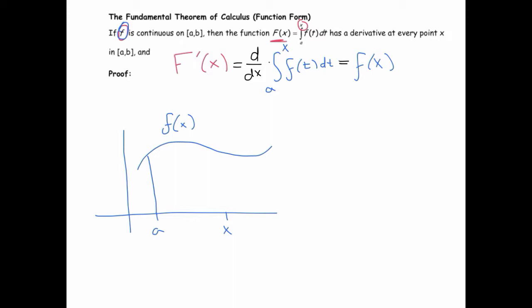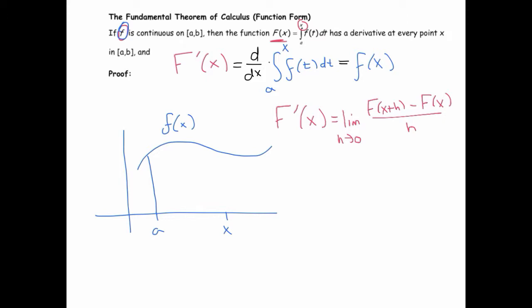So we're going to do this by reminding ourselves what the definition of the derivative is. The definition of the derivative would be the limit as h goes to 0 of f of x plus h minus f of x, divided by h.